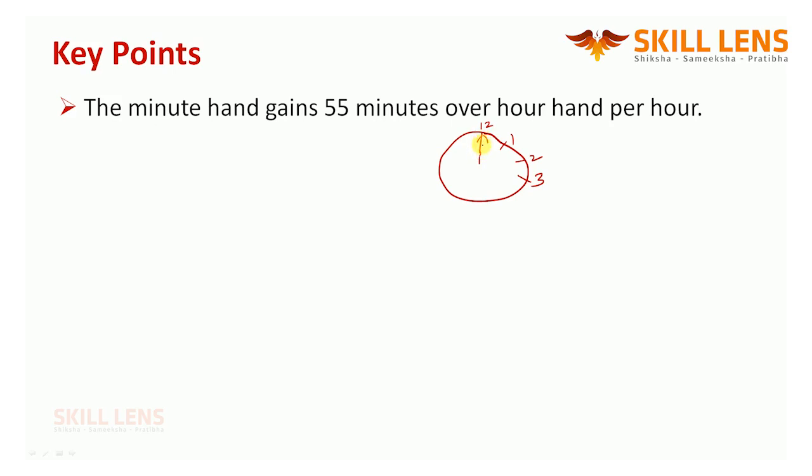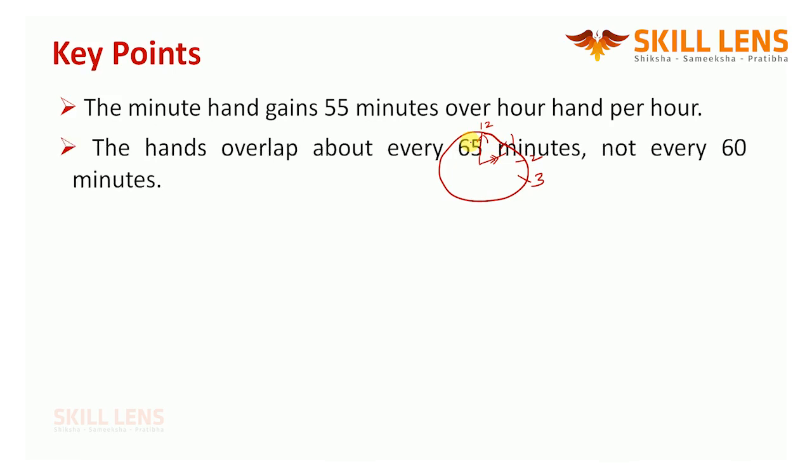So here it was coincide. Then if you look again, at almost 1:05, it's going to coincide. So the point is this: the hands overlap about every 65.